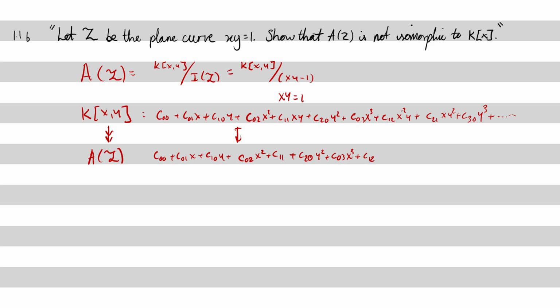X times y gets removed, so x plus c2 1, again, x times y gets removed, y plus c3 naught y cubed plus dot dot dot. And what you'll see is the only thing that remains is pure powers of x and y.